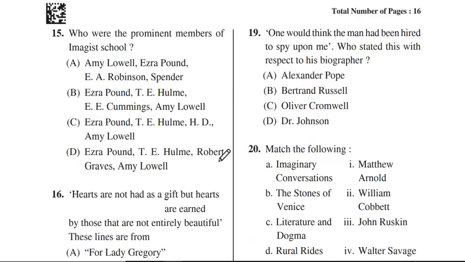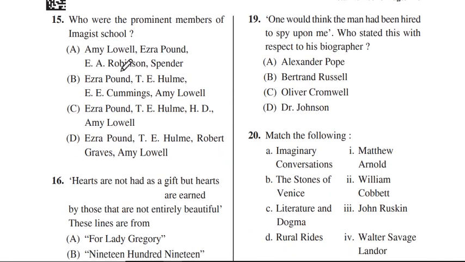Next, 15th one. Who were the prominent members of the Imagist school? Here options are: Amy Lowell, Ezra Pound, E. A. Robinson and Spender; Ezra Pound, T. E. Hulme, E. E. Cummings, Amy Lowell; Ezra Pound, T. E. Hulme, H. D., Amy Lowell; Ezra Pound, T. E. Hulme, Robert Graves, Amy Lowell.